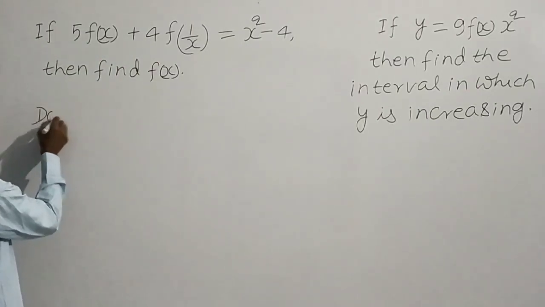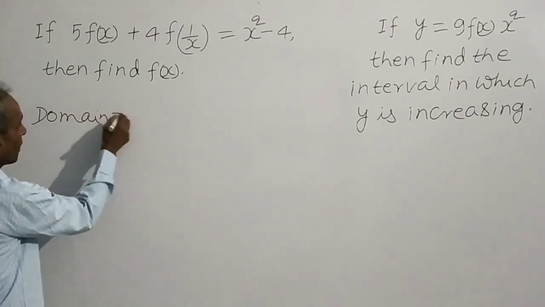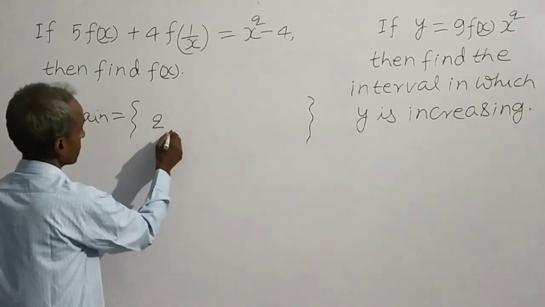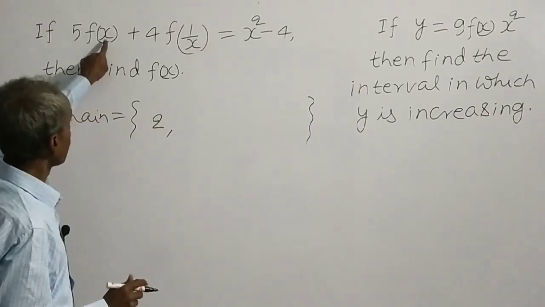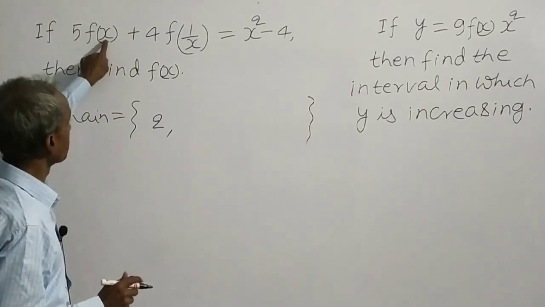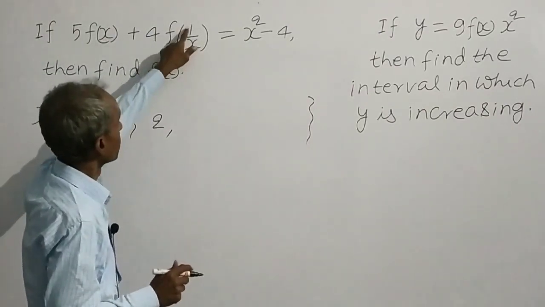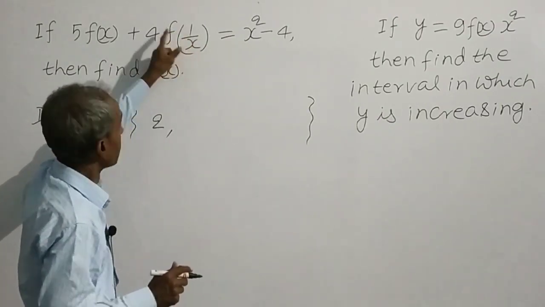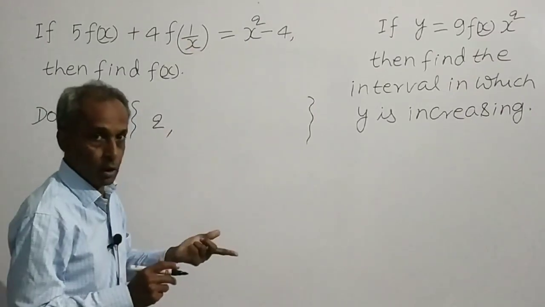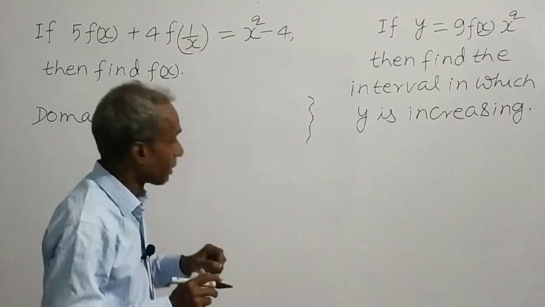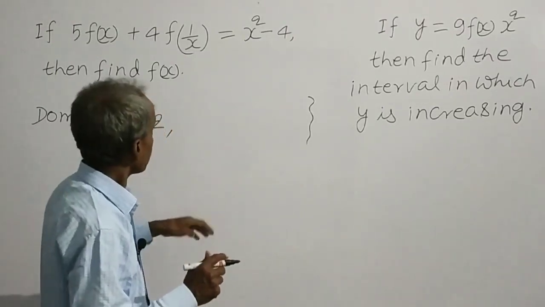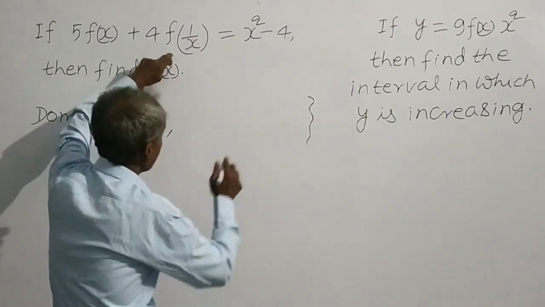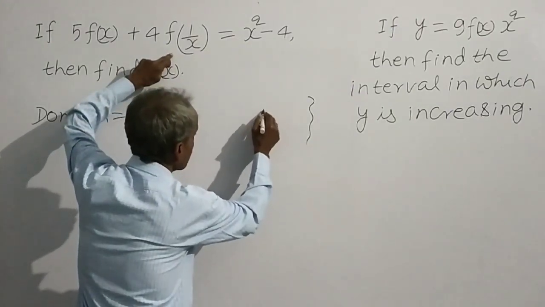Suppose the domain of f(x) has the number 2. Then when we put 2 in place of x, we get f(1/2), which will be defined and give some value only when 1/2 is also in the domain.